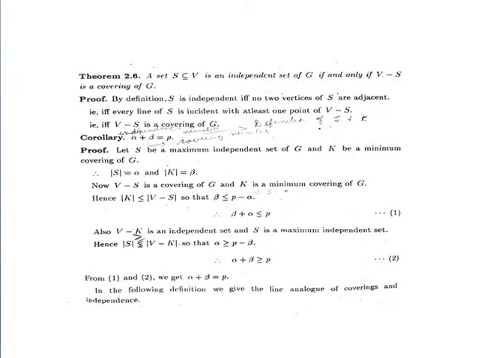Thus we get alpha plus beta greater than or equal to P. From equations 1 and 2 we get that alpha plus beta equal to P. So using that we can say the definition of line covering, and we have another important result, alpha' plus beta' equal to P, where the result stands similar to alpha plus beta equal to P with smaller changes.